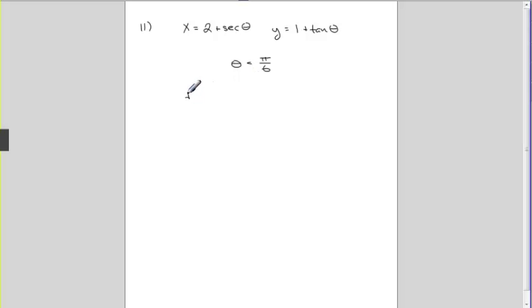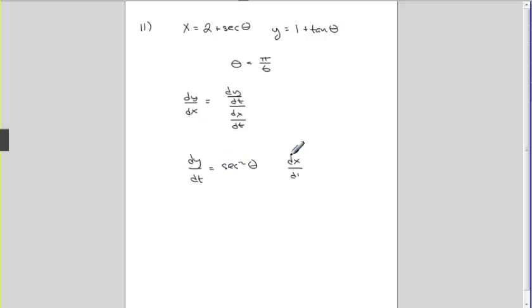Okay, so just like the previous two problems, dy/dx is dy/dt divided by dx/dt. So our parametric equation for y, which is a function of t, is 1 plus tangent theta. The derivative of 1 is 0, the derivative of the tangent is the secant squared of theta.